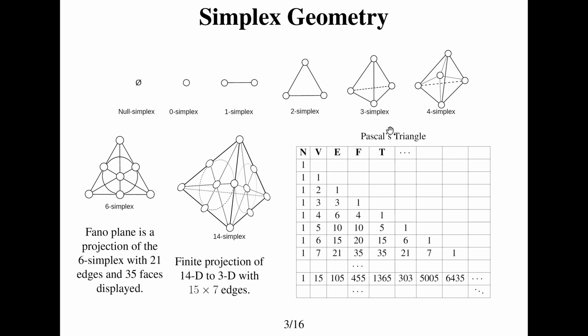You'll notice that, and then the next level up, you can't draw it as a projection like this, but you can do a trick where you put an extra point in the middle, and it's a schematic of a 4-dimensional object represented in 2 dimensions. But you can see the fact that there's 5 tetrahedrons in here.